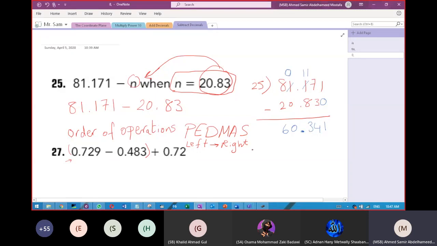Adnan, continue please with me. 9 minus 3 is 6. 2 minus 8: we take 1 from 7 and we put it with the 2. It will be 12. 12 minus 8 equals 4, and 6 minus 4 equals 2. We put the decimal, then 0 minus 0 equals 0.